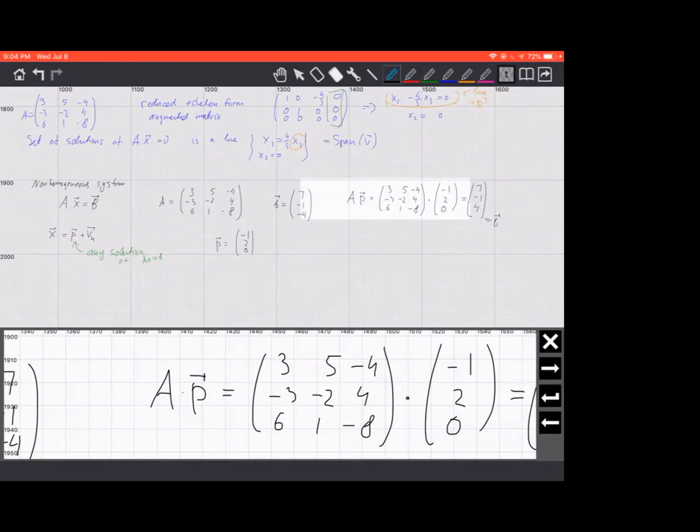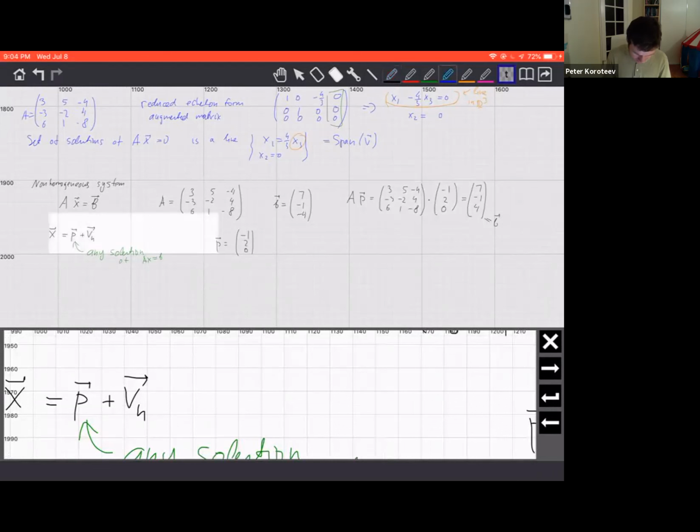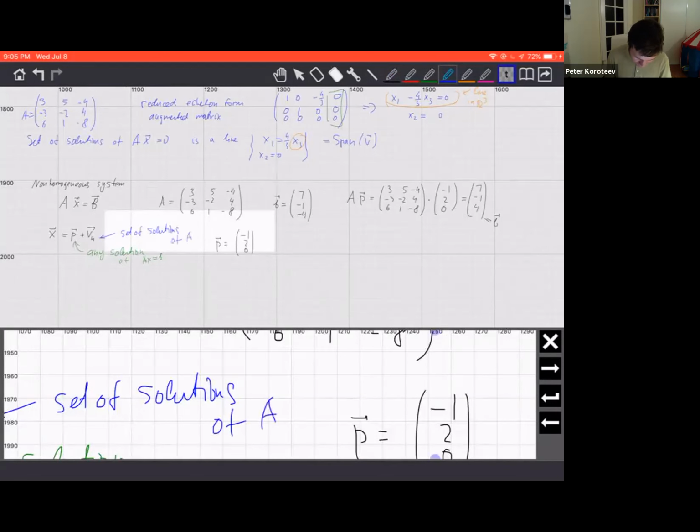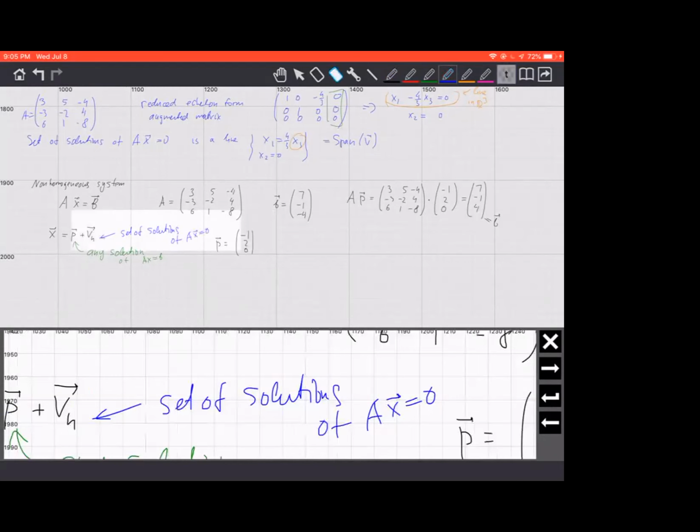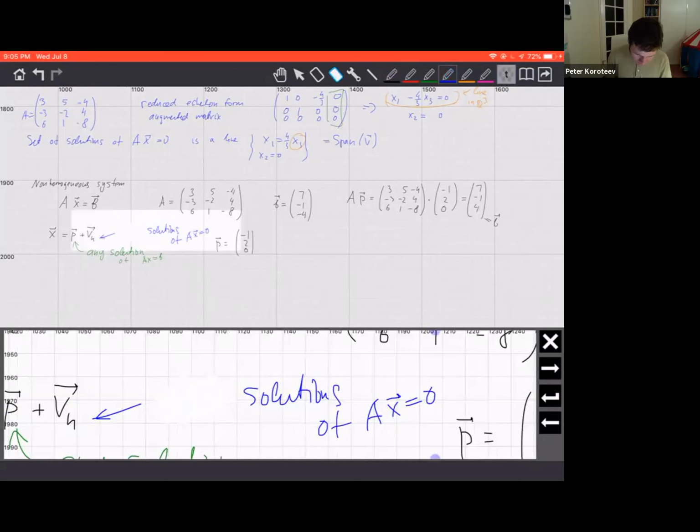Oh, and what's the meaning of VH? Good. So VH is a set of solutions of the homogeneous equation AX equals 0. We know what it is, right?